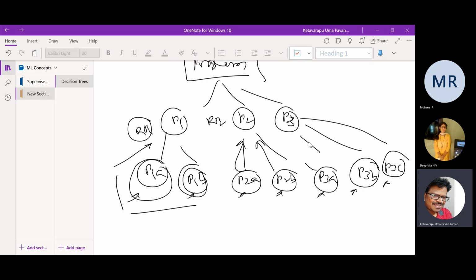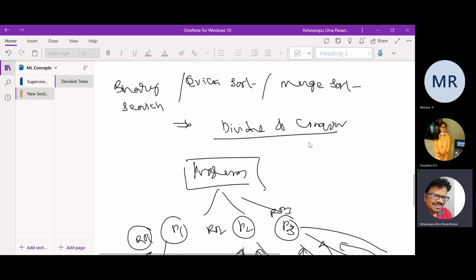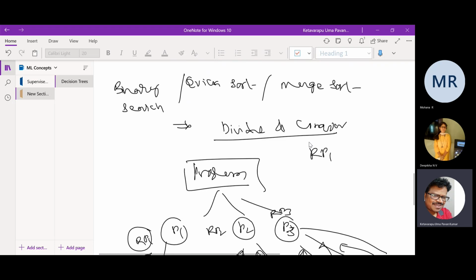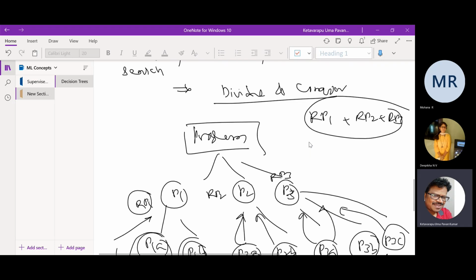After getting all the results, finally we see the result P3, and this will be the combined result RP1, RP2, RP3. So divide and conquer means one larger problem we split into the corresponding sub-problems, solve those problems, and finally get the result.